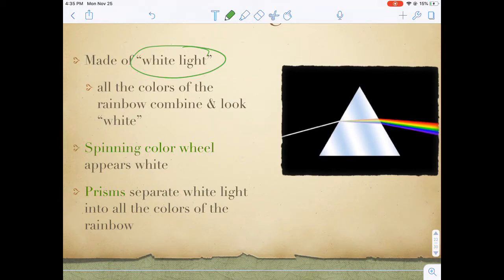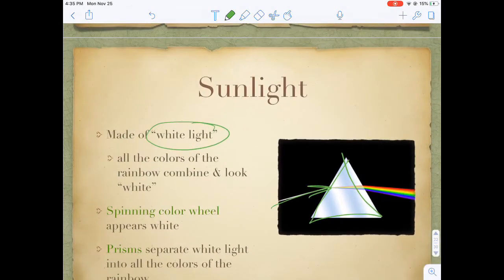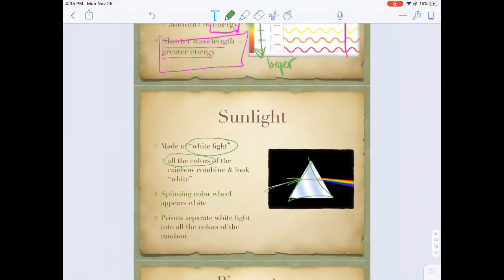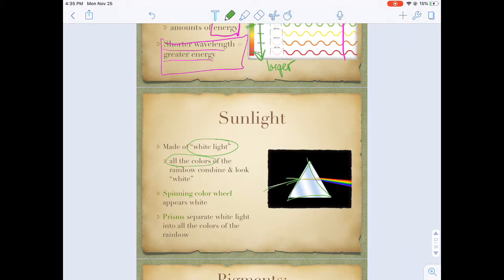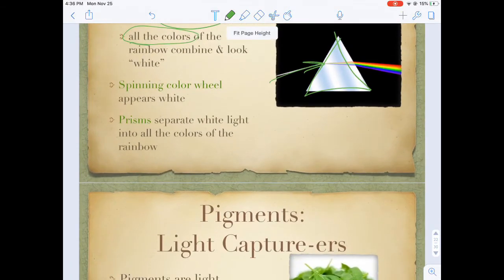That's a way to kind of see it. A prism, just a triangular prism, you apply a beam of light to it and then it separates out into its different components. Those are all ways that we know that sunlight is made of all the colors of the rainbow. We have to understand sunlight, because sunlight is what we're using in photosynthesis.